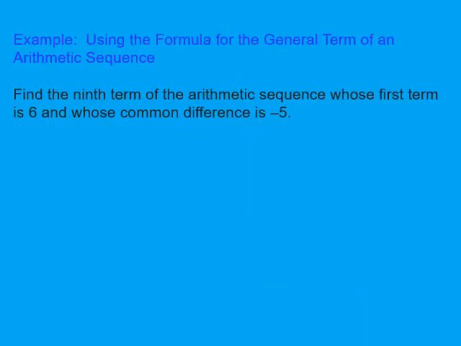Example, using the formula for the general term of an arithmetic sequence, find the 9th term of the arithmetic sequence whose first term is equal to 6. So A1 is equal to 6, and the common difference is equal to negative 5. I want to find the ninth term, and the ninth term is A9.